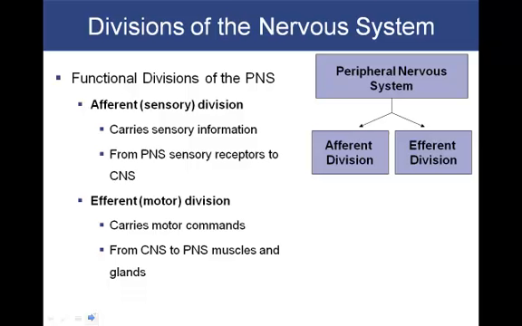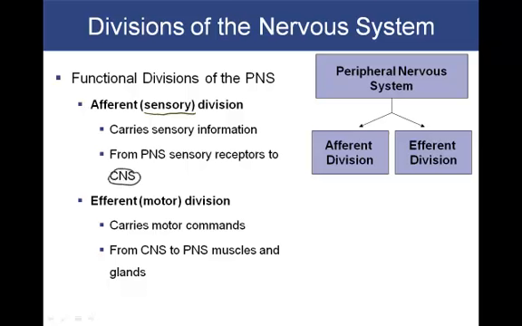When we look at the functional divisions of the peripheral nervous system, we can define afferent division versus the efferent. The afferent is the sensory division, so this is going to carry sensory information from the peripheral nervous system to the central nervous system.